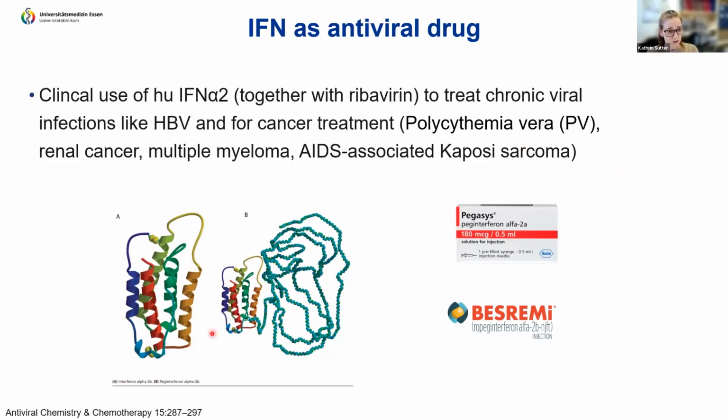And this is the structure of interferon alpha, and you can see it has 5 helices. As Ursula said, I'm a biochemist, but we will not go too deep into the structure. I only want to show you that nowadays in the clinic, you're not using the natural cytokine as it is shown here. You're using a pegylated form.